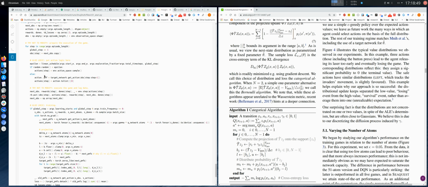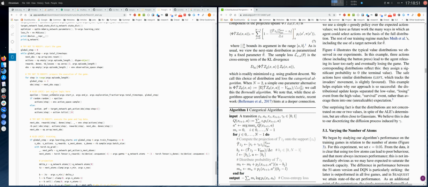So again, the standard DQN approach is you take some actions according to some epsilon-greedy exploration strategy, and that's what this epsilon is, according to some linear schedule. In the beginning of the training the epsilon is 1, and at the end of the training the epsilon becomes 0.02.